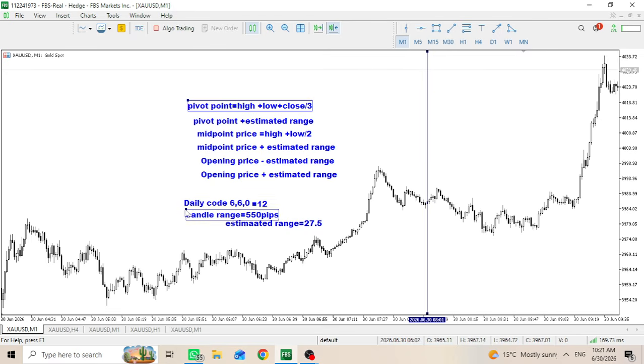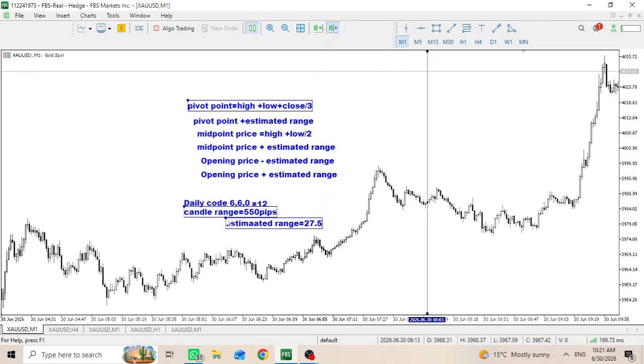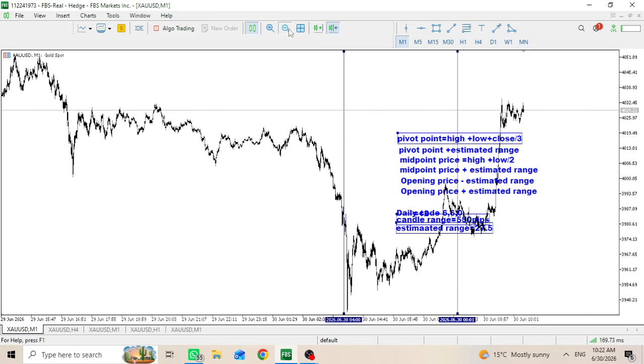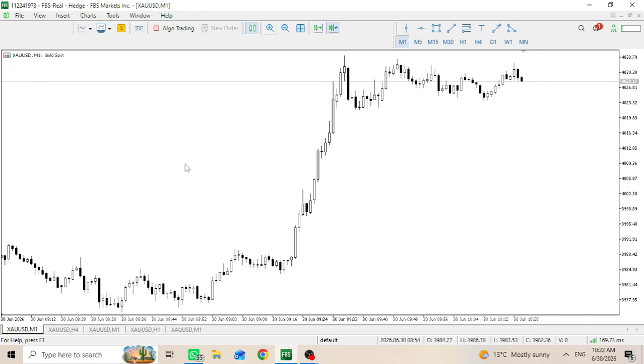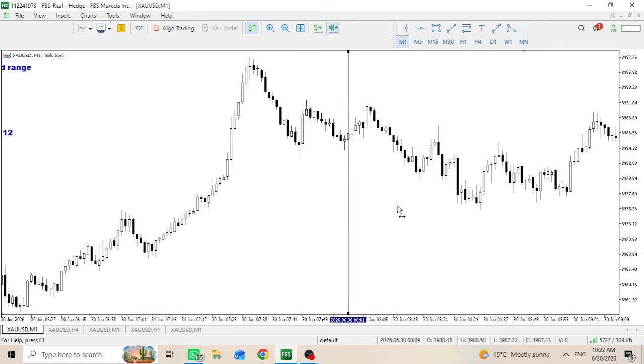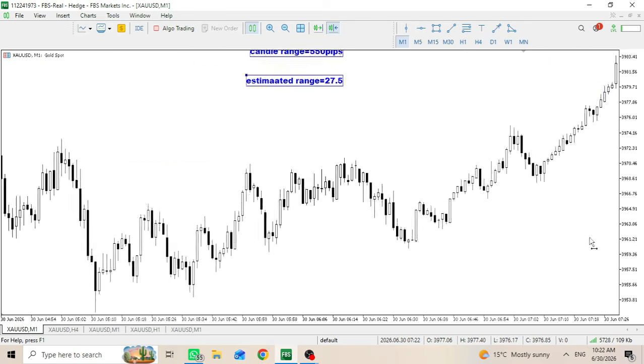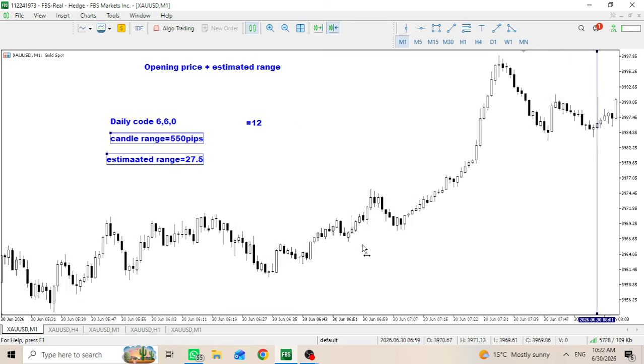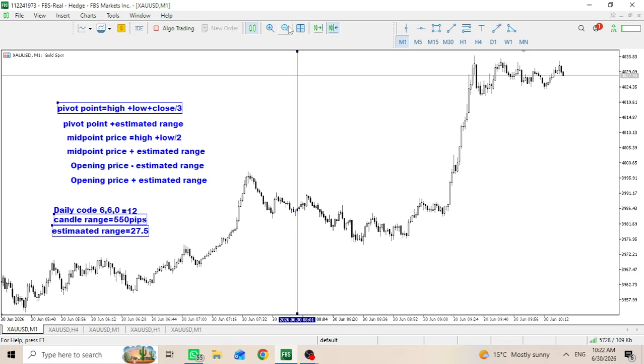The other one is this, and this was the estimated range. I'm basically teaching you using today's code, like today's price action. We are working with that. So out of these formulas, which one should we use?